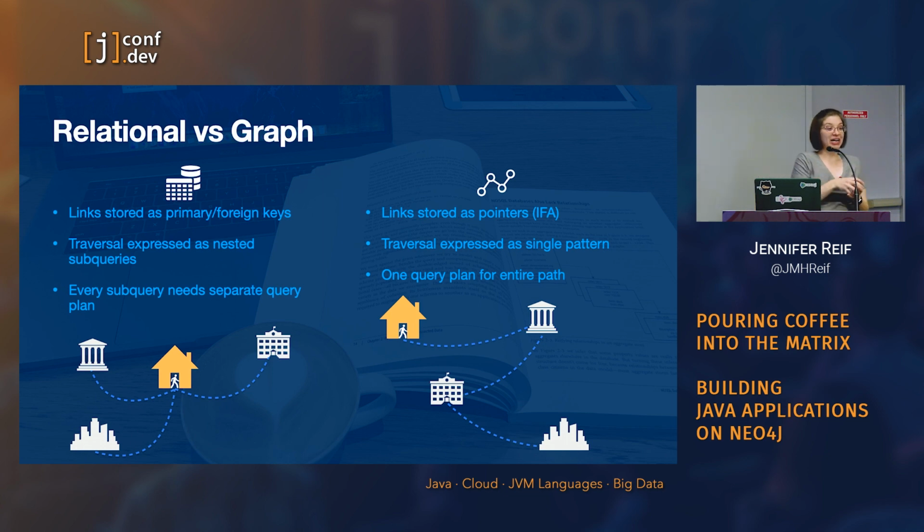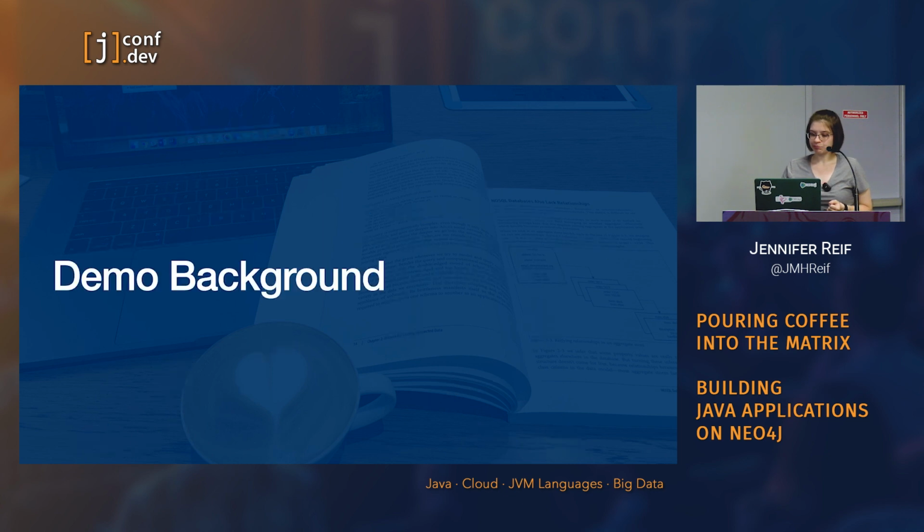You're going back to home base to pick up the things you need for the next hop. Whereas in a graph, the things you need for that next hop are at the next location. So I take one hop and I already have my boots and my coat waiting for me there to help me get on to my next destination, which has my swimsuit and my sunscreen for the next hop, and so on. So the things you need are at that next destination. Hop to hop versus coming back to home base.